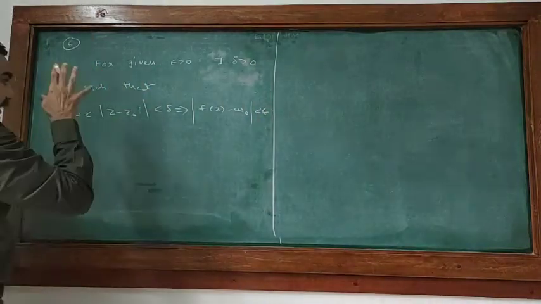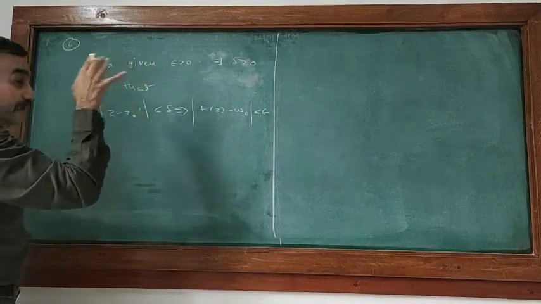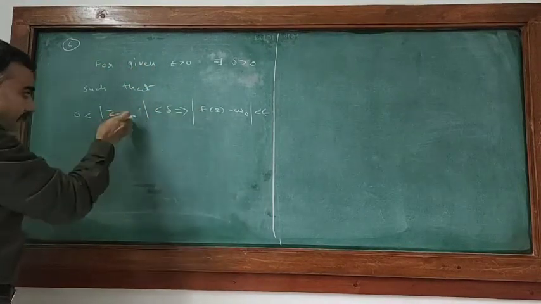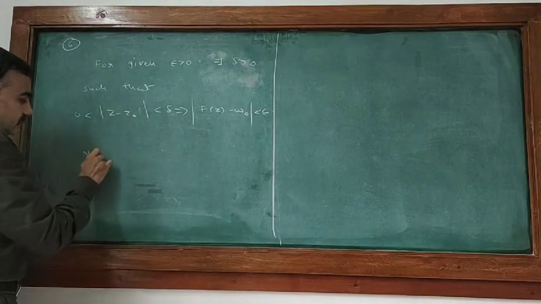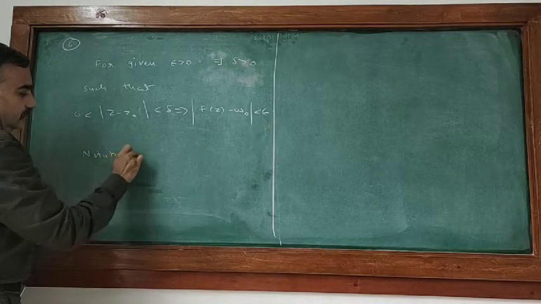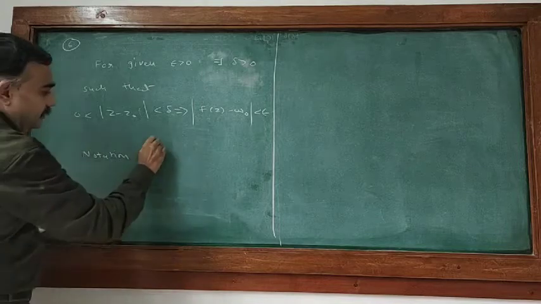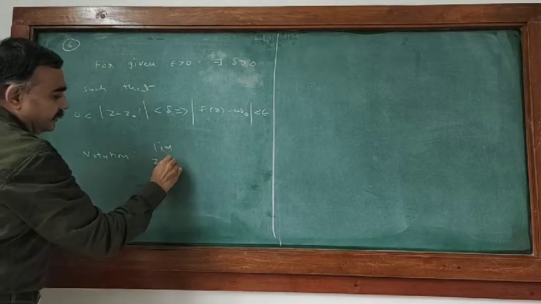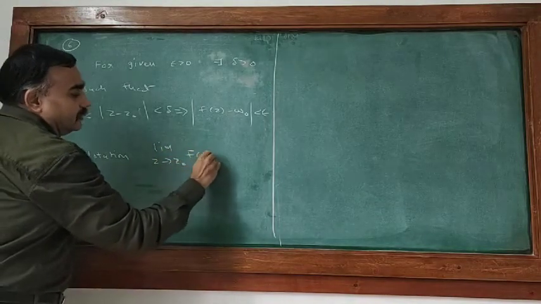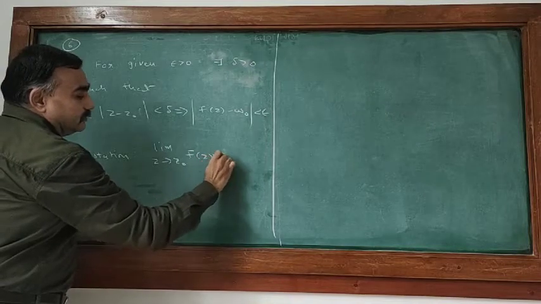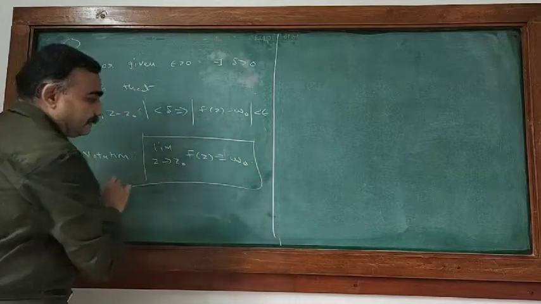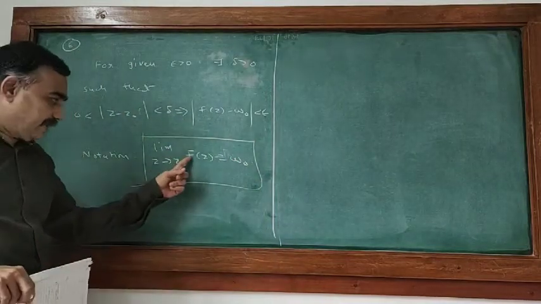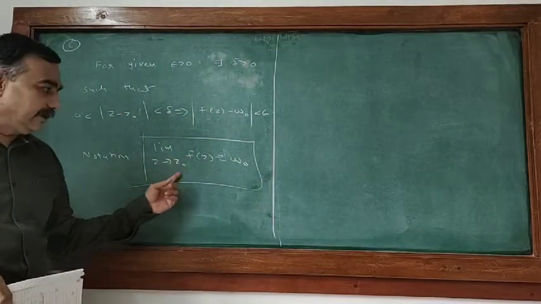And this is the definition of the limit of function f at point z0. And the notation is limit z tends to z0, f(z) equal to omega 0. This is the notation of limit of function f at point z0, and the limit is omega 0.